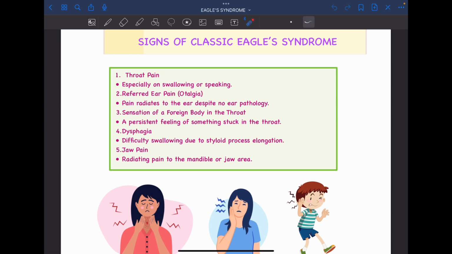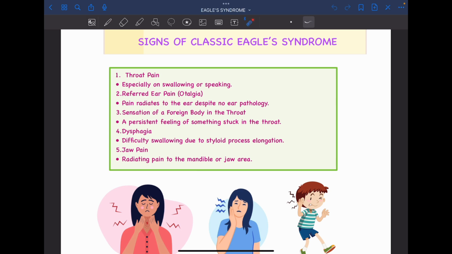Okay, so first is throat pain. Obviously we have seen this previously as well, and this is particularly pronounced during swallowing or speaking. Okay, second is otalgia or referred pain to the ear, right? There is no underlying ear pathology present, still the patient will complain of ear pain, right?